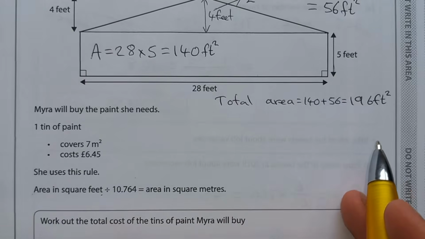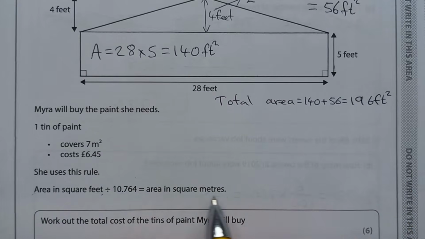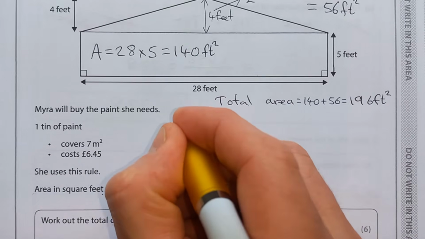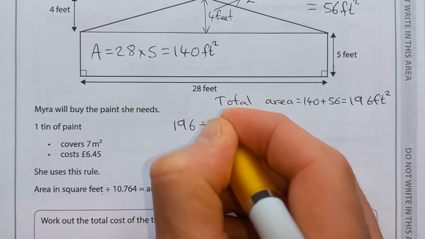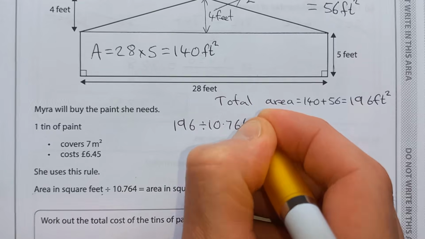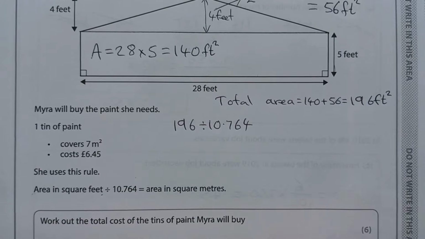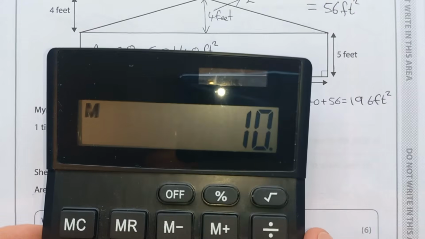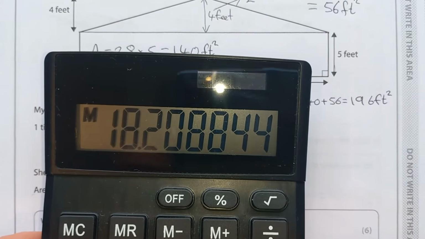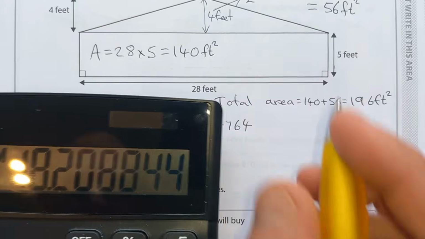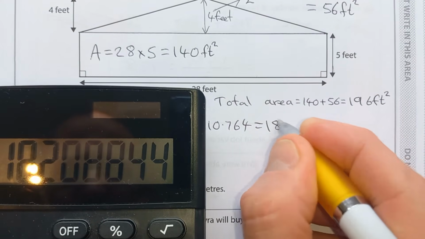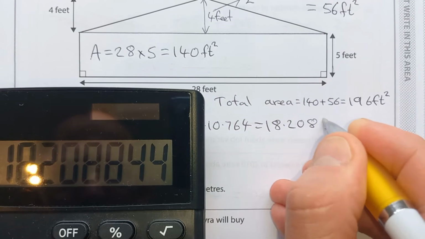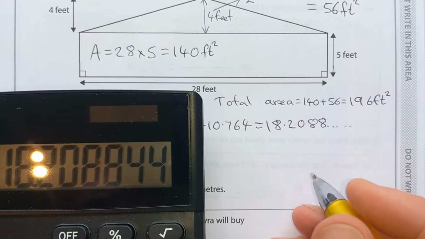Now we want it in square meters, so we can use this rule here. So we take the area in square feet and divide it by 10.764. Which gives us 18.2088 and so on.